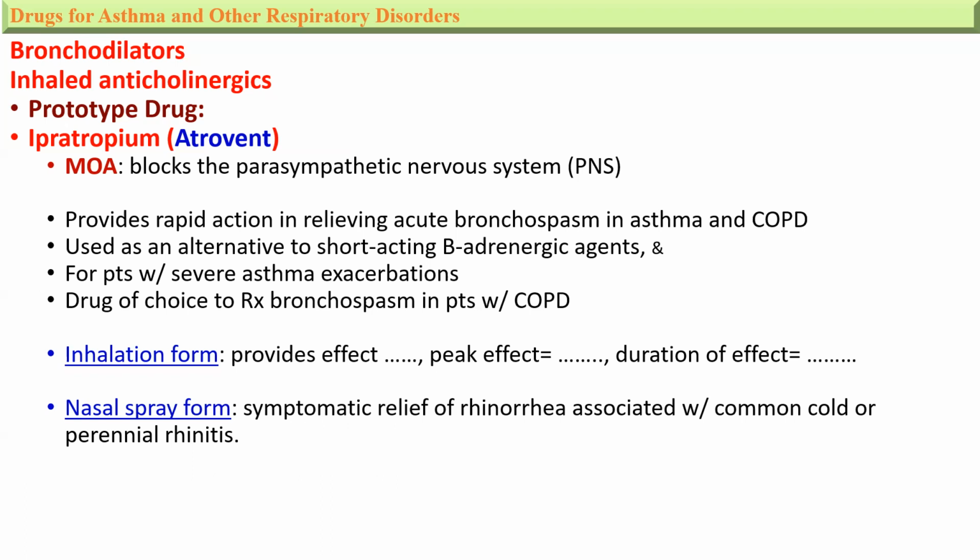However, the nasal spray form provides symptomatic relief of rhinorrhea associated with the common cold or perennial rhinitis. It inhibits nasal secretions, but it has no decongestant action.